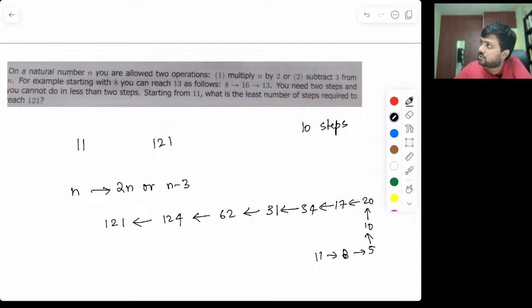Generating functions, q of t square, multiply by t cube, divide by t cube. So how do you go backwards? What does it mean that you did it in less than 10 steps?